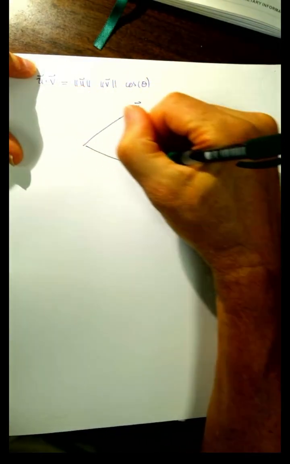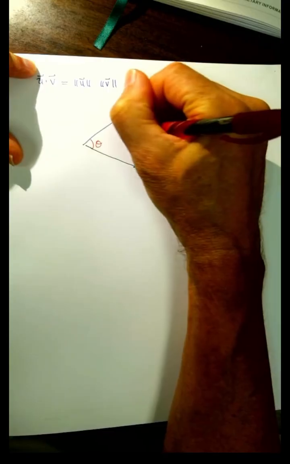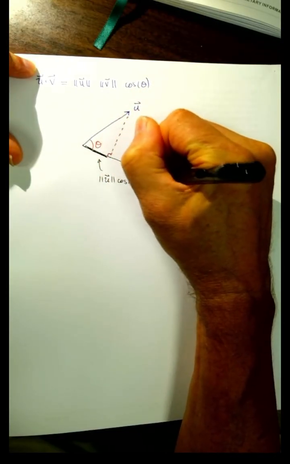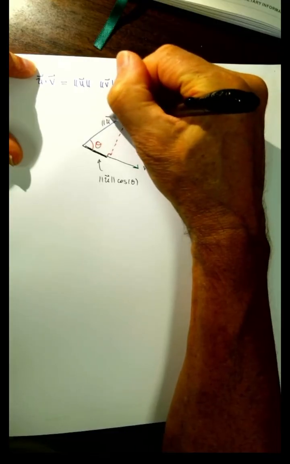So if that's a vector u, and this is a vector v, there's going to be some angle between them. If I project this down for a right angle, then this distance right here is the length of u times the cosine of theta, right? Because this length is the norm of u.